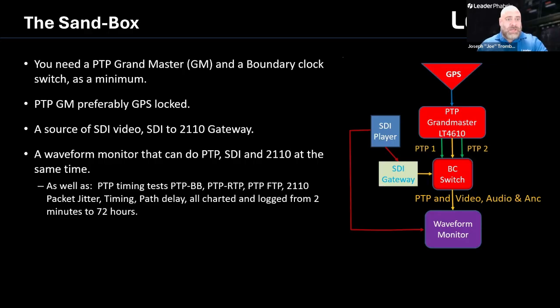You do not need lock indicators. You need timing comparisons, packet jitter analysis, path delay logging, and trend capture over minutes to days, because many faults only show up as drift, intermittence, or failure anomalies over time.